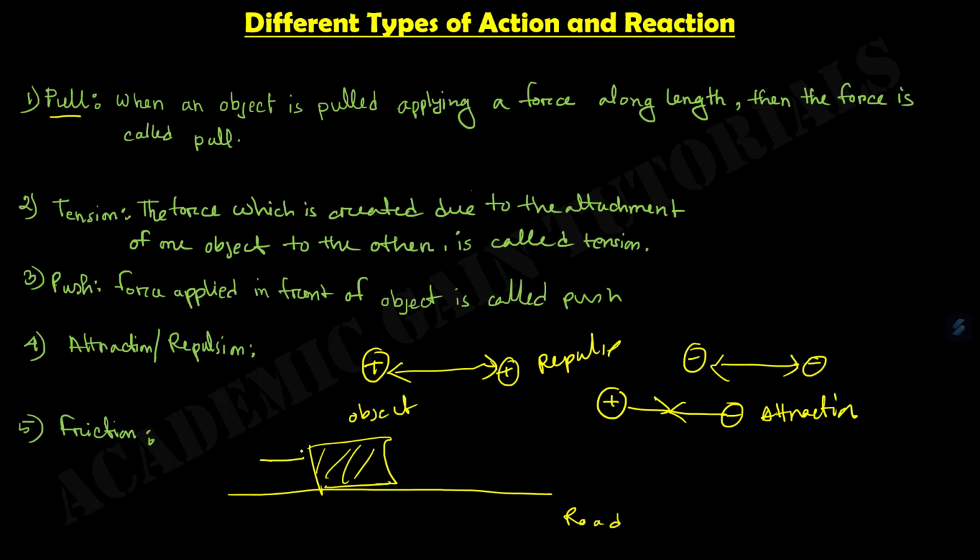We try to push the box on this road with a force F. Because this object is on another object like the road, and I try to move or tend to move this box on that road, a frictional force is generated at the contact of the surfaces.